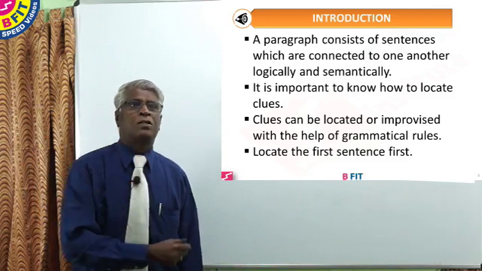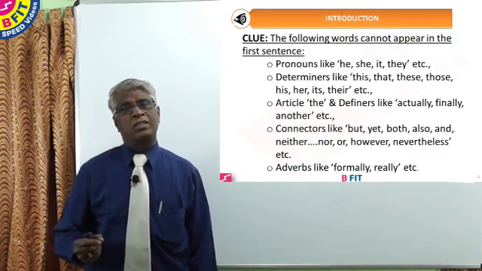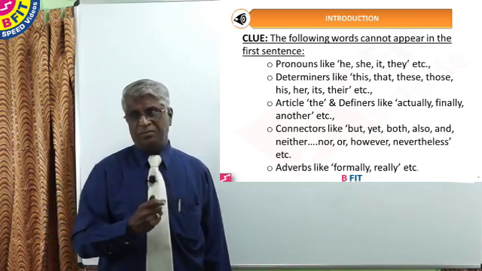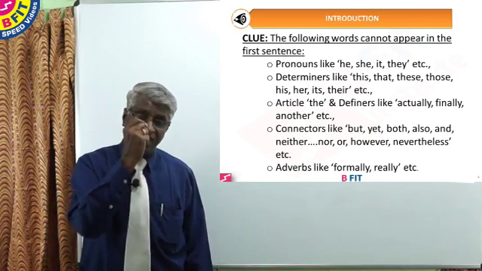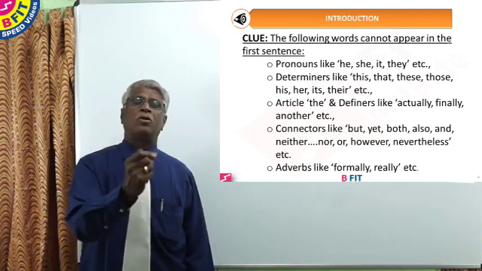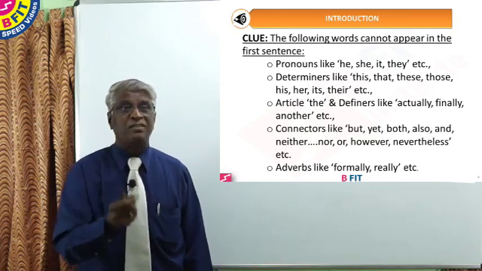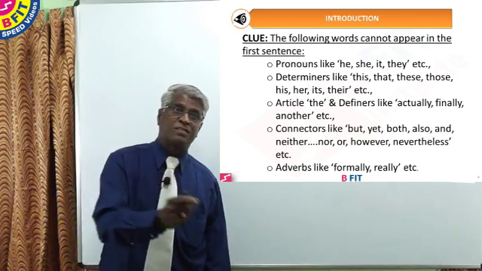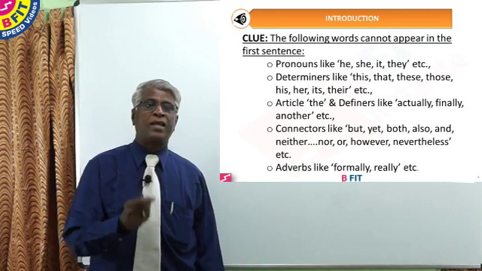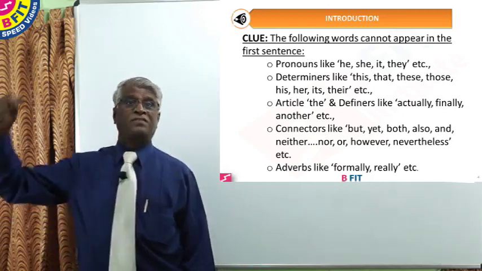Now the first clue is that there are certain words which cannot occur in the first sentence. For example, you are trying to ascertain whether sentence B can be the first sentence after rearrangement. But if this sentence B has any of these words, then it cannot be the first sentence.